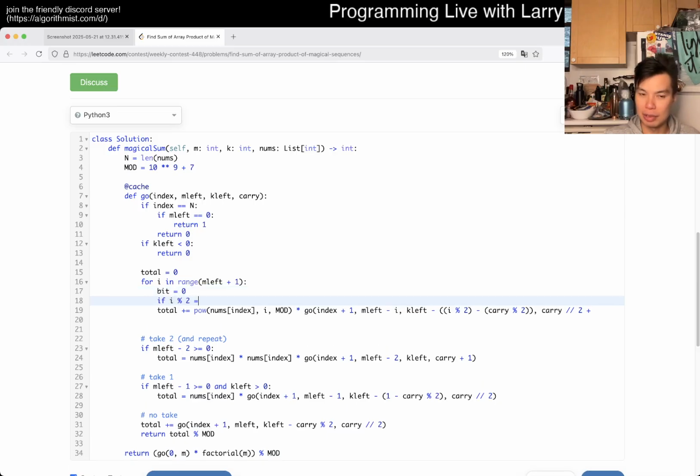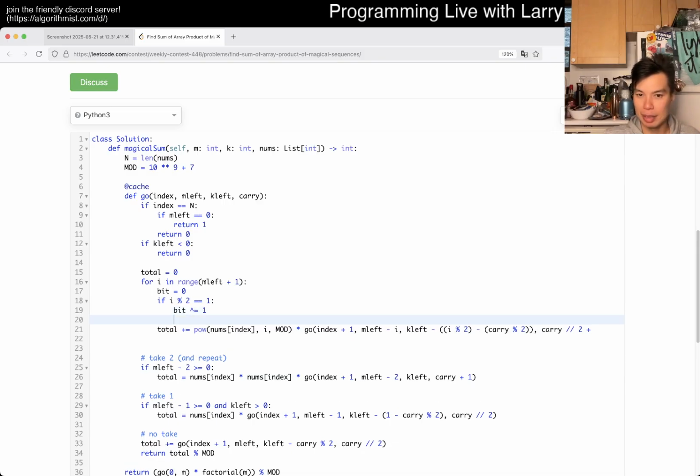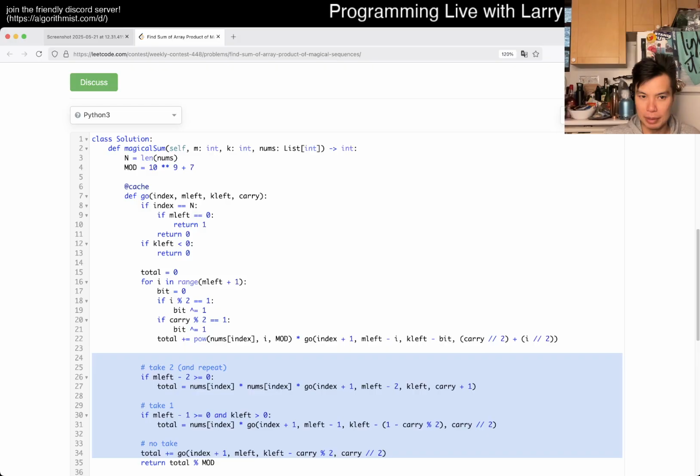If I mod 2 is equal to 1, then the bit is going to be, well, we flip it. And then if carry mod 2 is equal to 1, then we also flip it again. And then we just see whether there's a bit on this bit, and now carry is going to be half of that plus I divided by 2, right? Okay. I think this is right without the factorial bit.